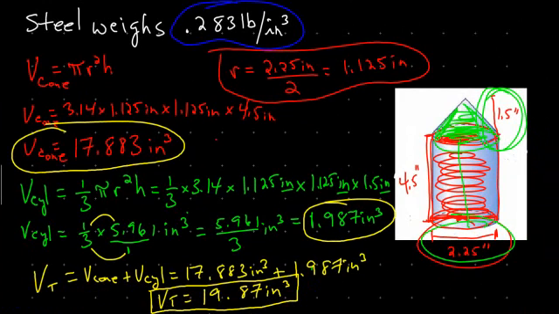Well, let me just do it on here. I'm having issues there, so I can do it over here. So we're going to find the weight, W-E-I-G-H-T. Okay, and we have 19.87 cubic inches, and each one weighs 0.283 pounds per cubic inch.